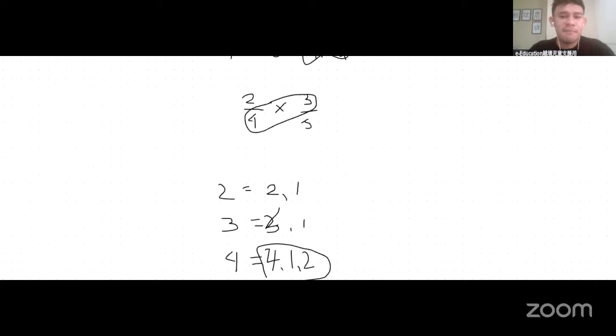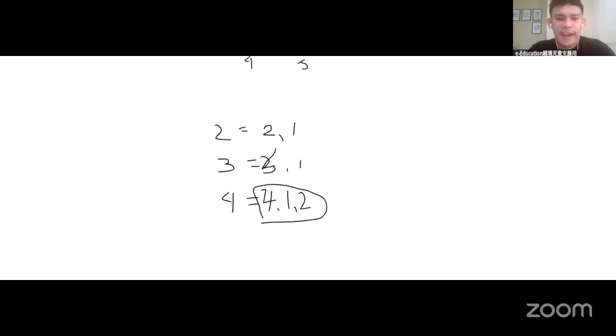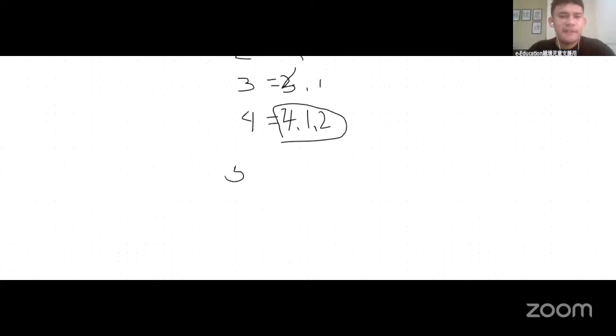So for example, another, how about 5? Can you think of numbers that we can divide by 5 to get a whole number? Yes, very good. Another one? Yes, 1. Very good. Wow, you're so smart. How about 6?